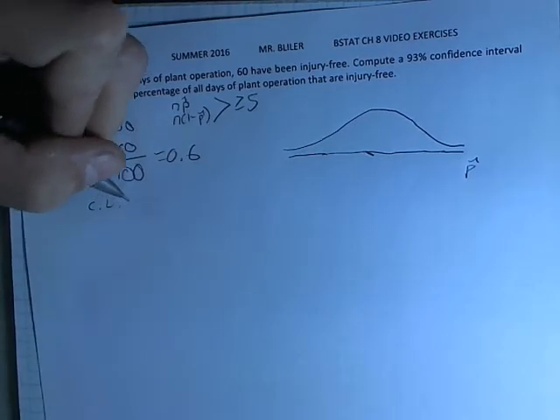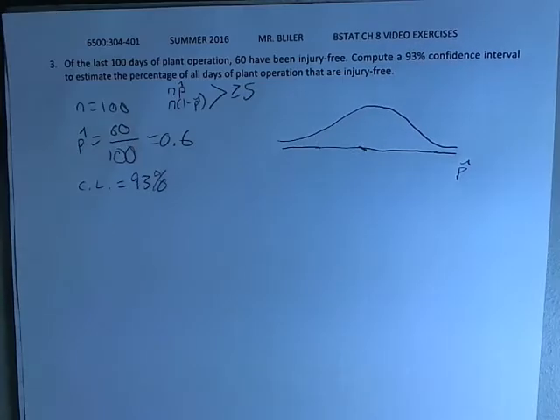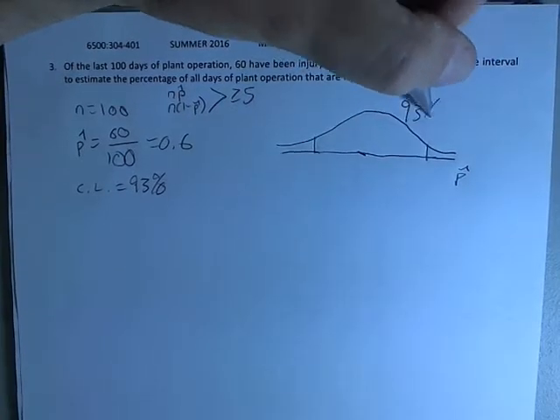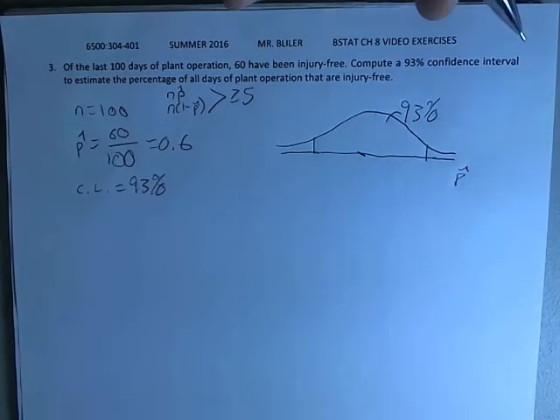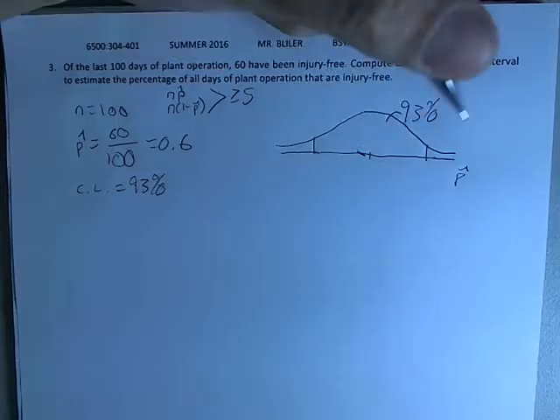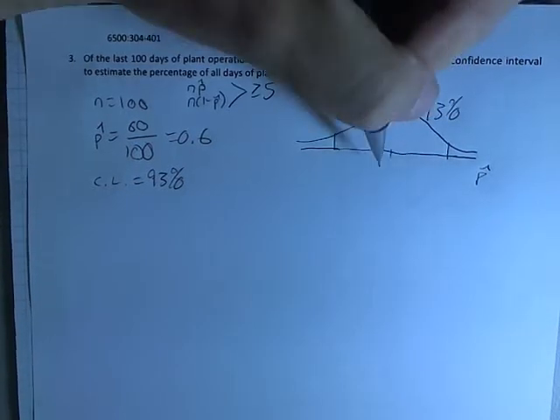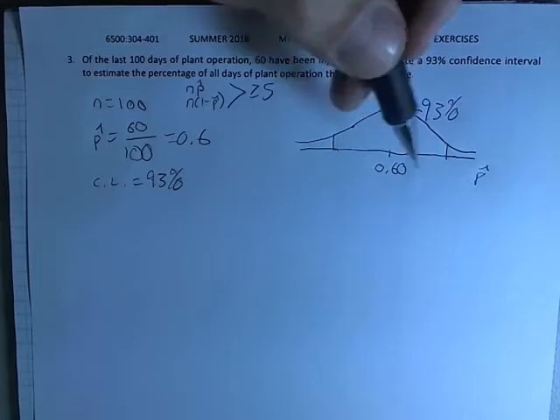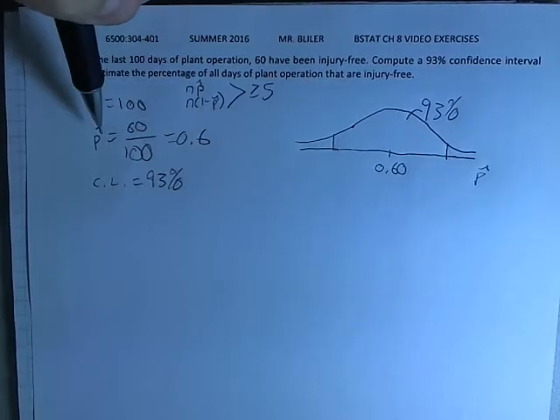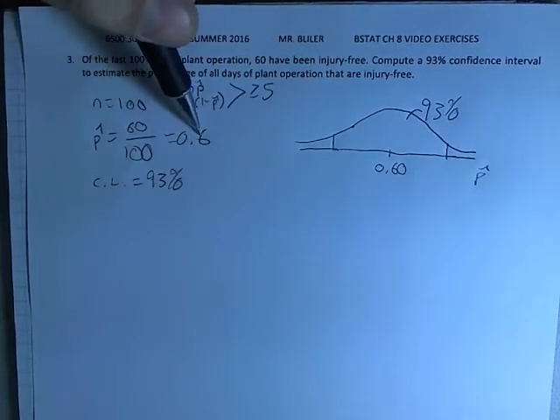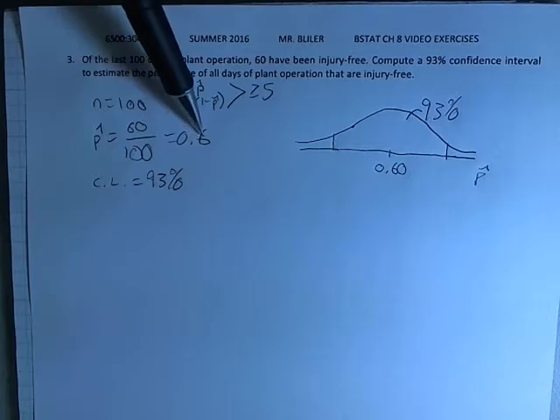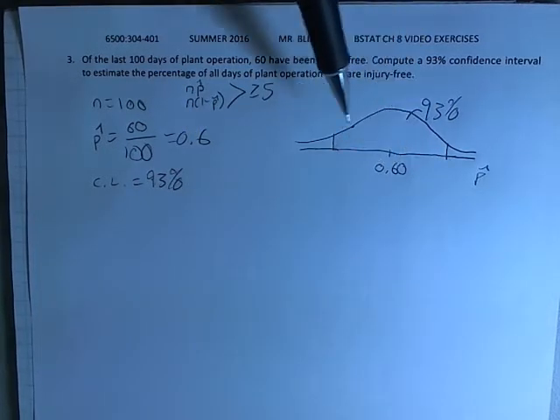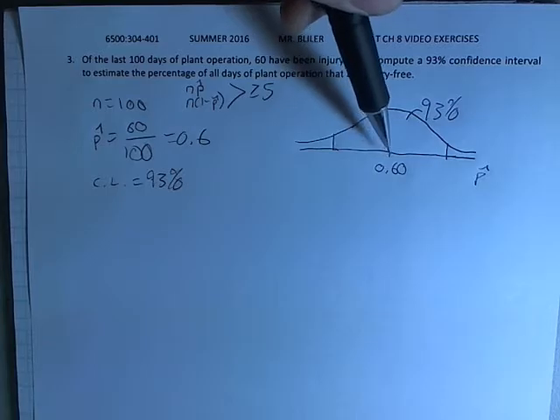Alright, we're asked to come up with a confidence interval that spans 93% of our entire distribution. So let's start this off with 60% right in the middle of our distribution. So that is our p hat value, our sample proportion of success that we observed, and that also would serve as our point estimate of the population proportion.